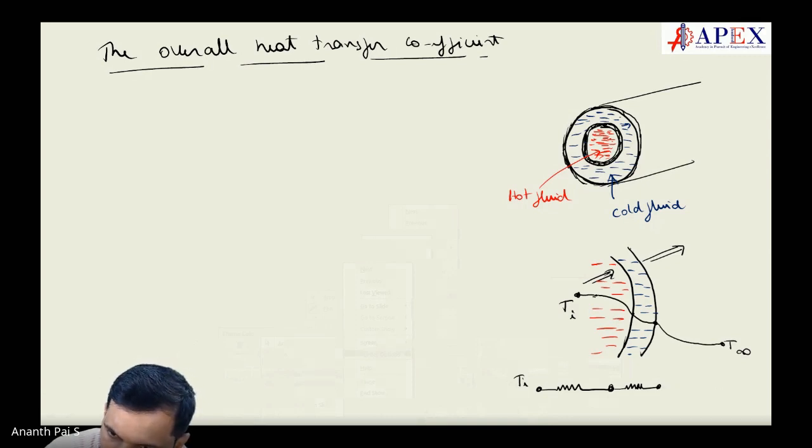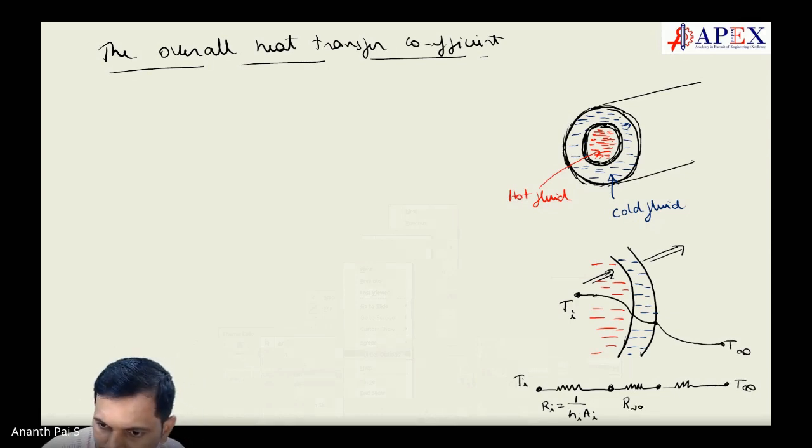Here there is another convective resistance. So here we have Ri, which is equal to 1 by Hi Ai, and here we have R wall, and here we have R naught, R outside, equal to 1 by H naught A naught.